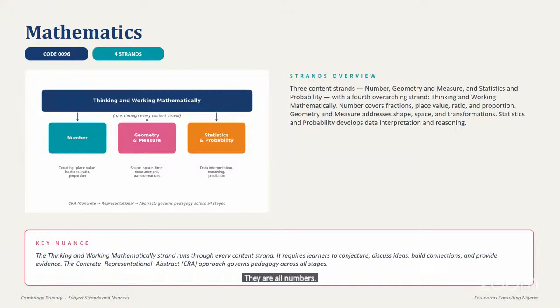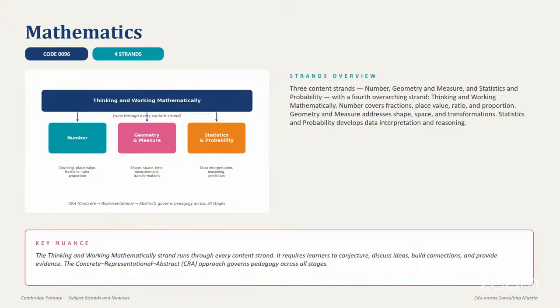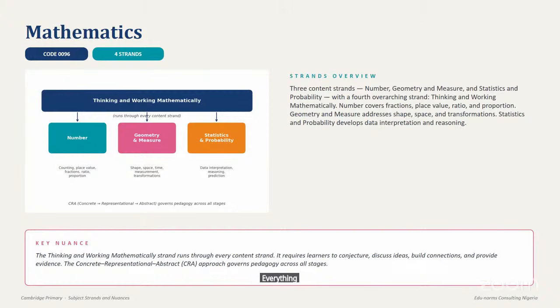Geometry and measure strand is about anywhere you see diagrams: plane shapes, 2D shapes, 3D shapes, irregular shapes, area, volumes, circumference, everything to do with shapes. That's geometry and measure.